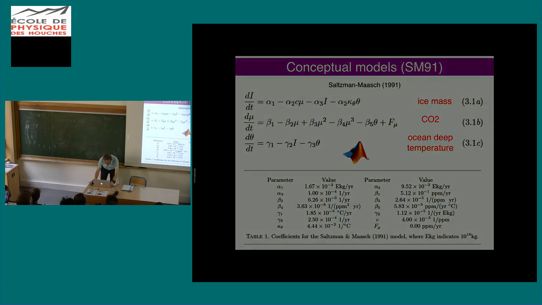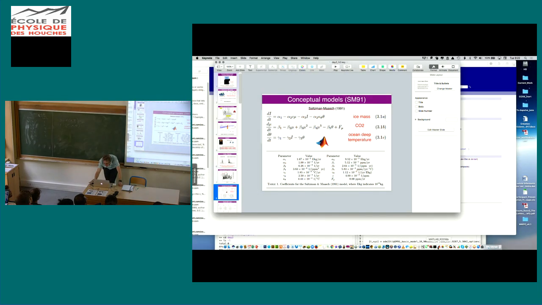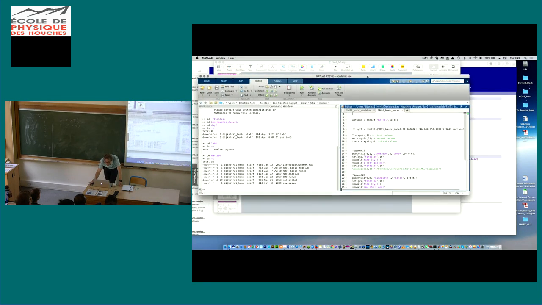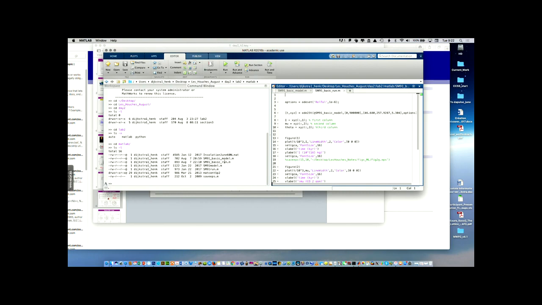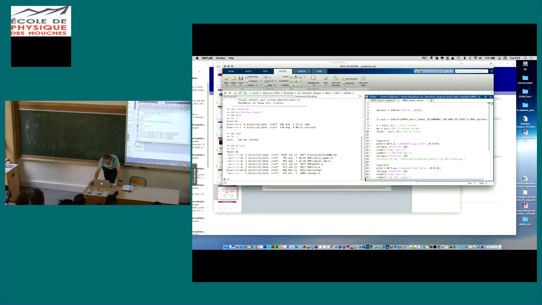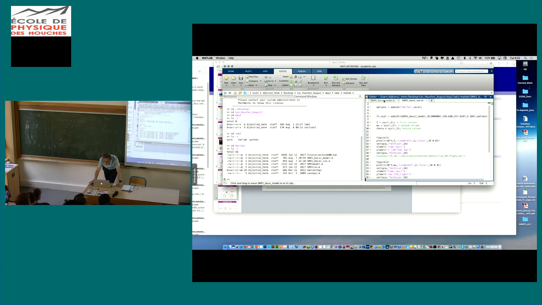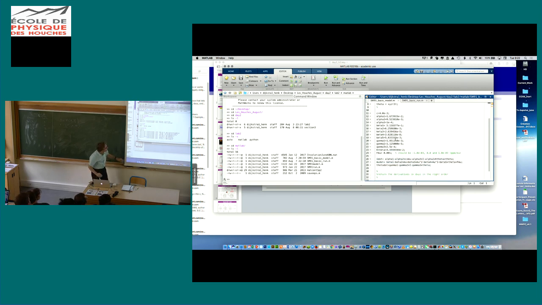So I take the model. I have it here. This is also in your files, which you can download. I have the basic model, the SM91. This is the model, and this is the autonomous system. The SM model is the non-autonomous system, and I'm not going to do that here, but if you'd like to play with it, with the insolation, that's fine. Now, the basic model contains all the parameters. You see also the equations, right?